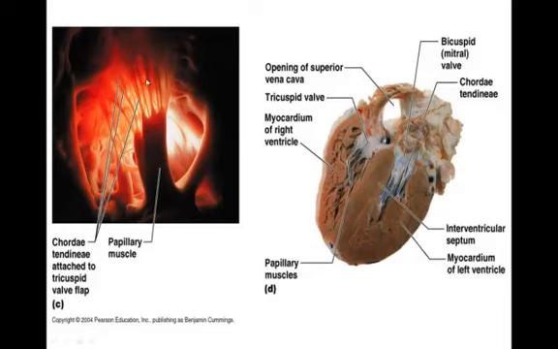So we want to hold those valves closed, and that's the function of the chordae tendineae. And the papillary muscles will contract, and when they contract, they're just holding these taut to hold those valves down, to keep those valves closed so the valves don't prolapse, in other words, open up into the atria and allow the blood to flow back into the atria. So that would be the function.